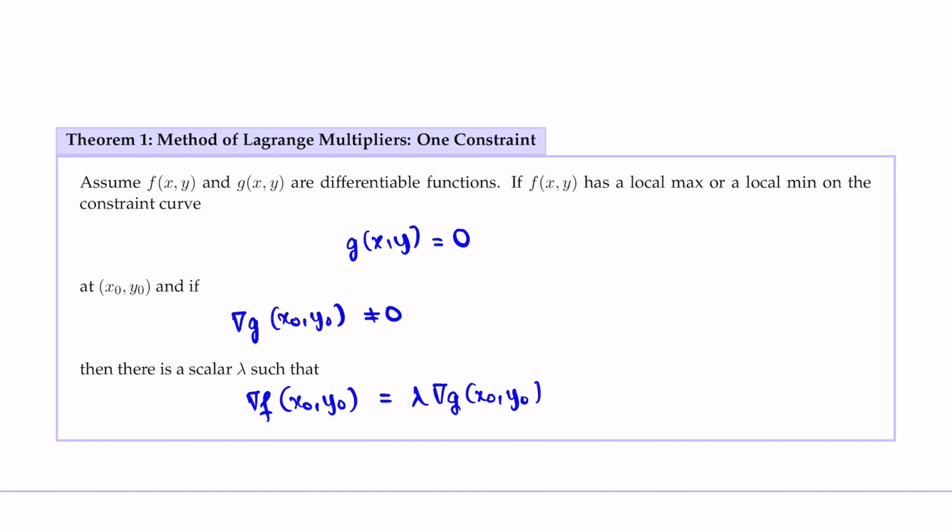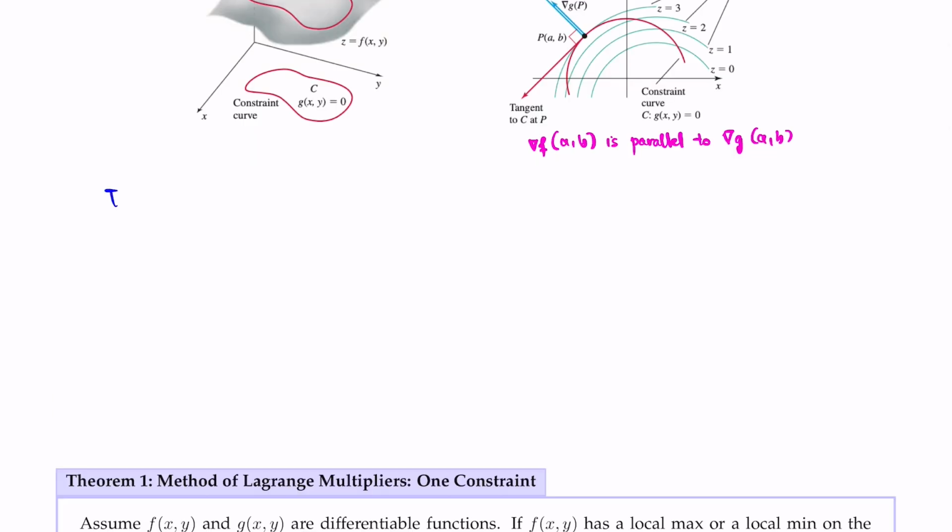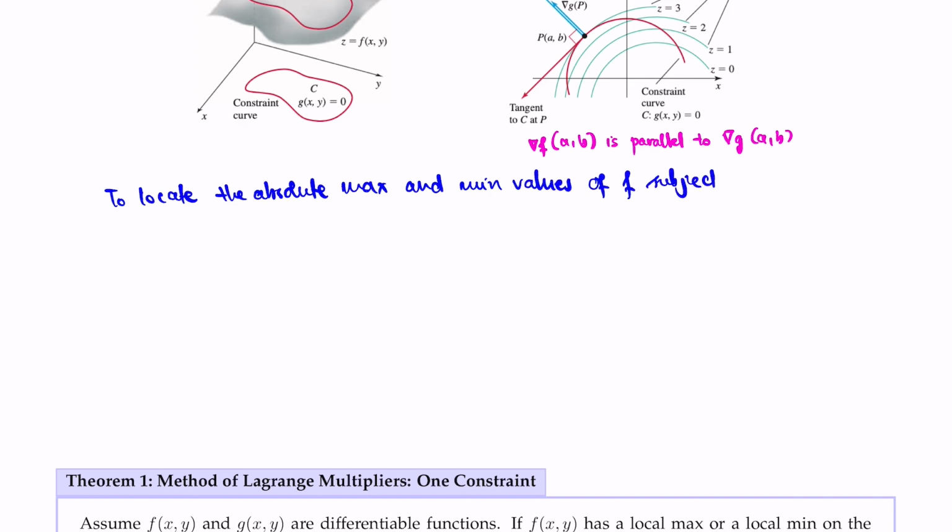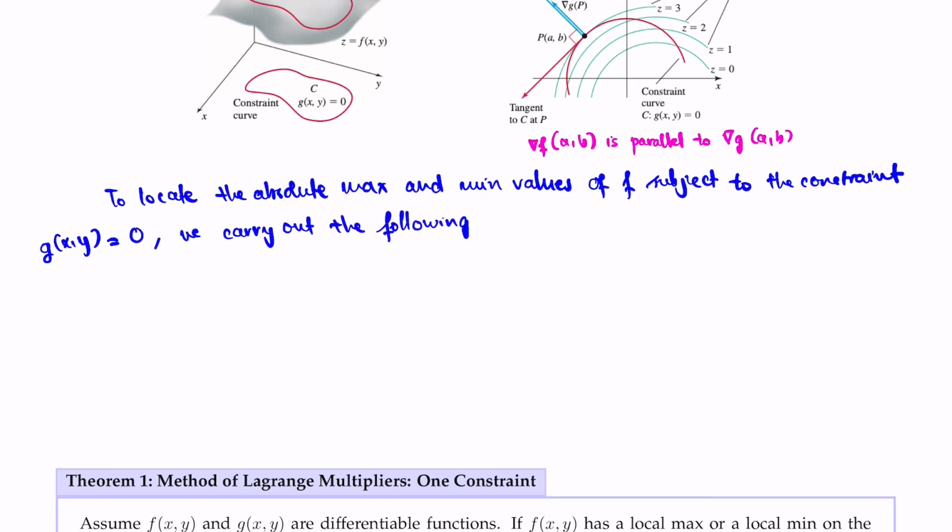And to locate the absolute maximum and minimum values of f subject to the constraint g of x, y equal to 0, we carry out the following steps.